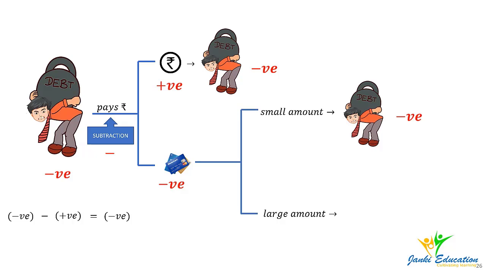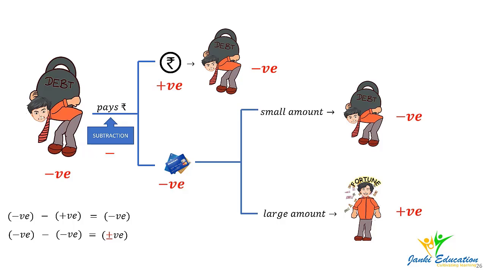But if I pay off a large amount of borrowings, more than that, then I will become a man with fortune. That is positive. So here also there are two chances, either negative or positive. So negative minus negative results in negative or positive. Hope you have understood what we have seen till now.